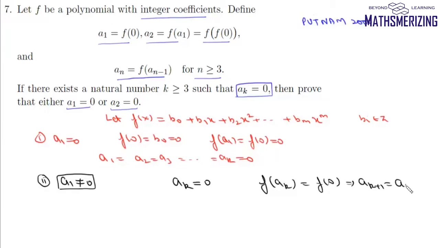So a(k+1) is equal to a1, and again if we take f here, f of a(k+1) is equal to f of a1, and f of a1 is nothing but a2. So a(k+2) is equal to a2.